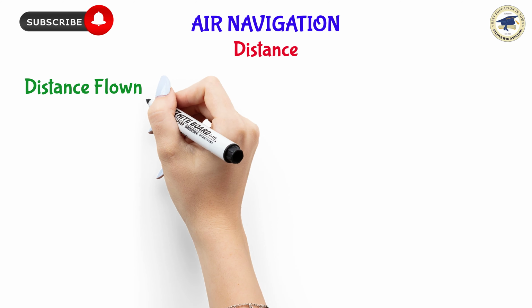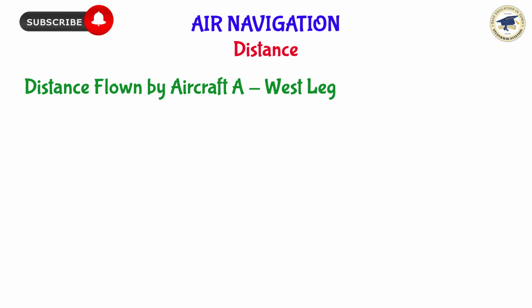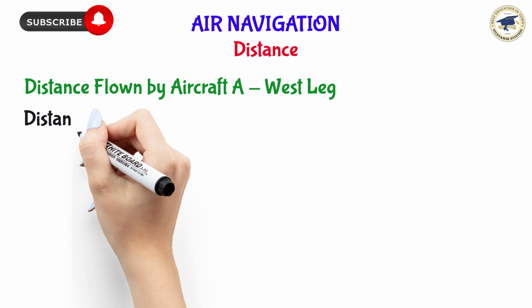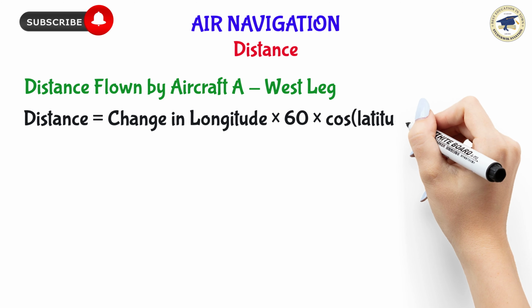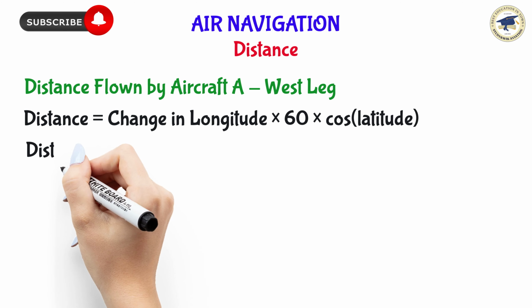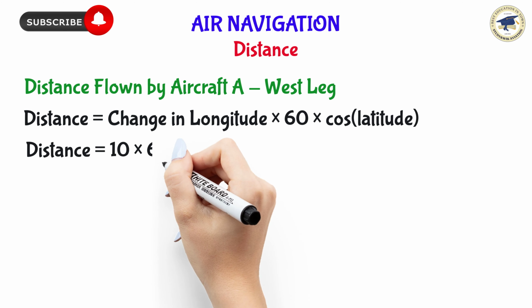To calculate the distance flown by aircraft A on the west leg along the 56 degrees north parallel for 10 degrees of longitude, use the formula. Distance equals change in longitude times 60 times cosine of latitude. Distance equals 10 times 60 times cosine 56 degrees.